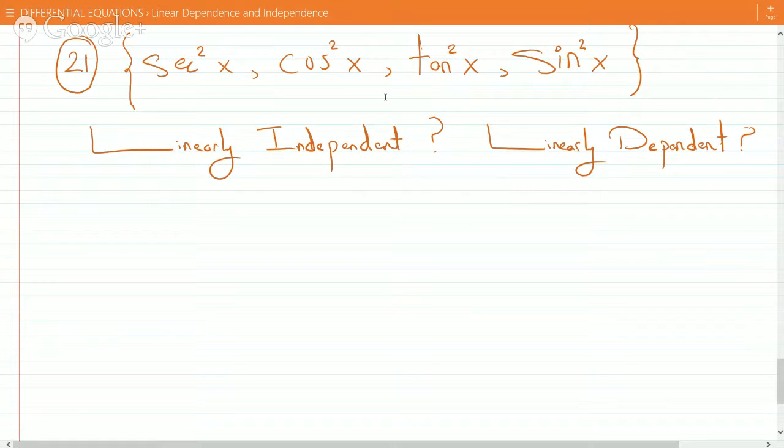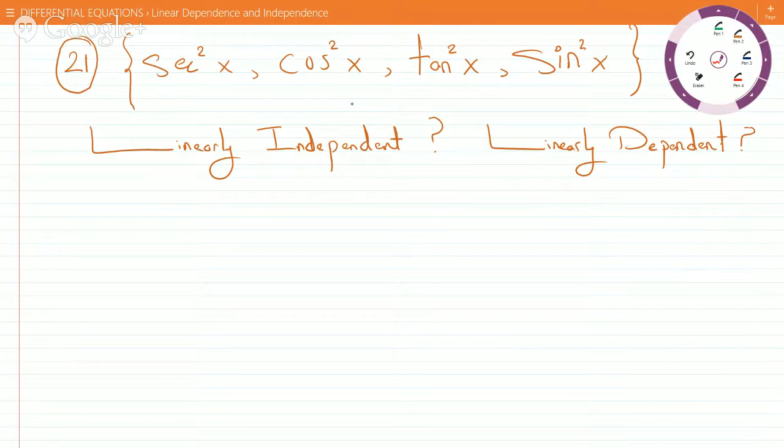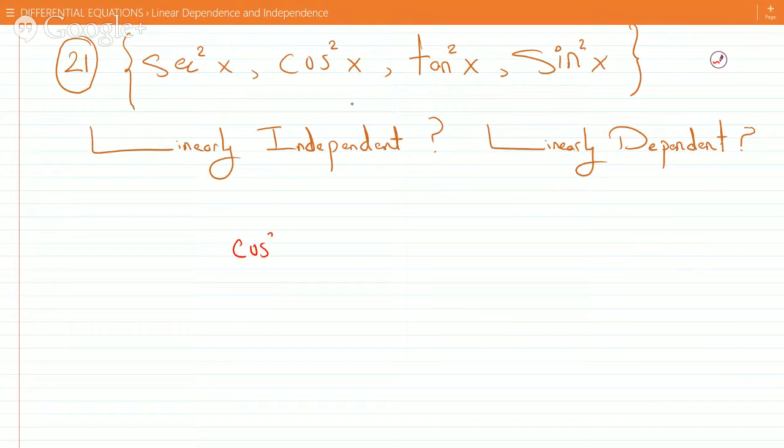You agree? Okay, now notice that cosine squared x plus sine squared x... Right, then it will be linearly independent.